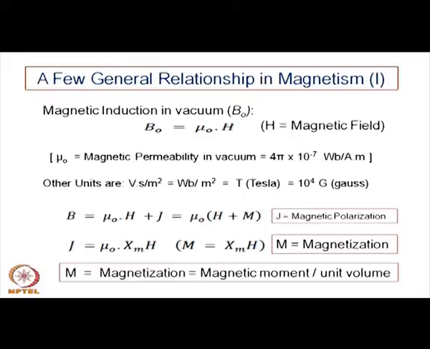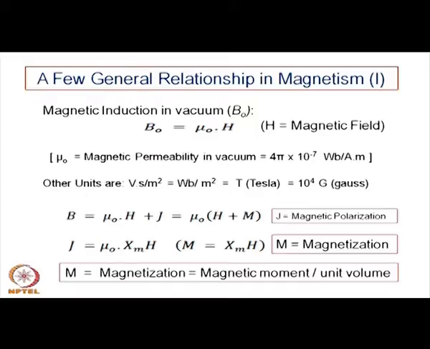It is the magnetic flux density, or sometimes also called magnetic induction. We have seen earlier a similar term epsilon 0 in case of dielectric behavior or dielectric polarization. Here a very similar term is there, mu 0, the magnetic permeability in vacuum.